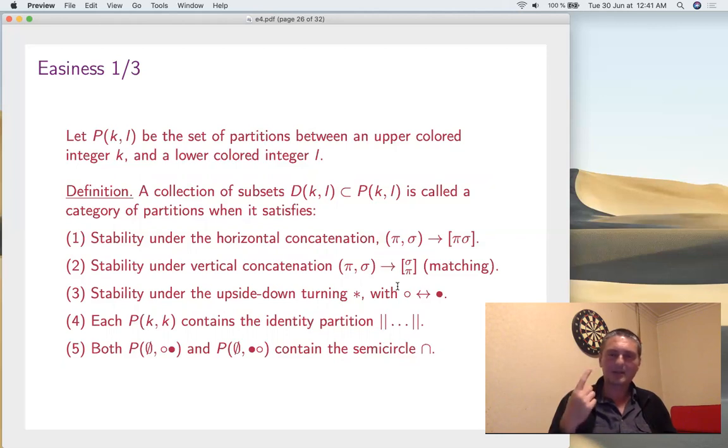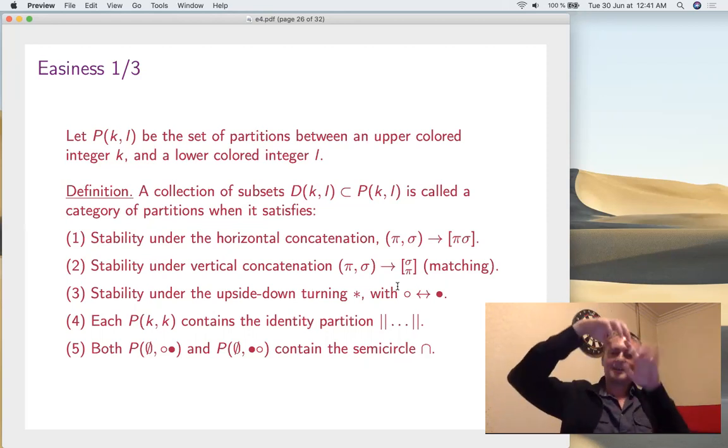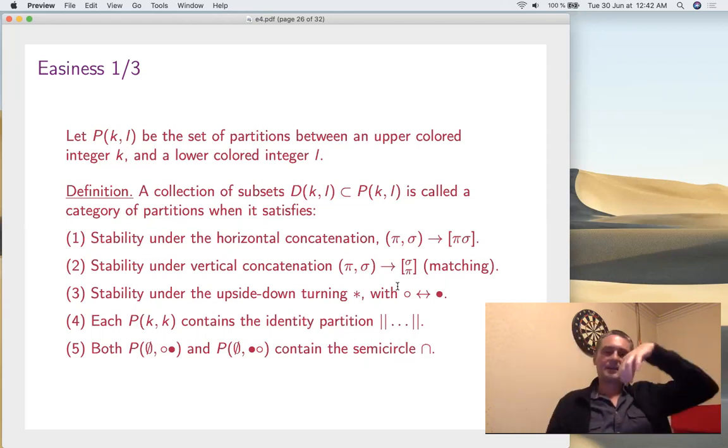That's the definition of a category of partitions. It's a bit like for categories: it's stable under horizontal concatenation, that's the tensor product, and vertical concatenation, where things have to match the black-white colors here and here. It's stable under upside-down turning, where technically you have to invert the colors when you do that.